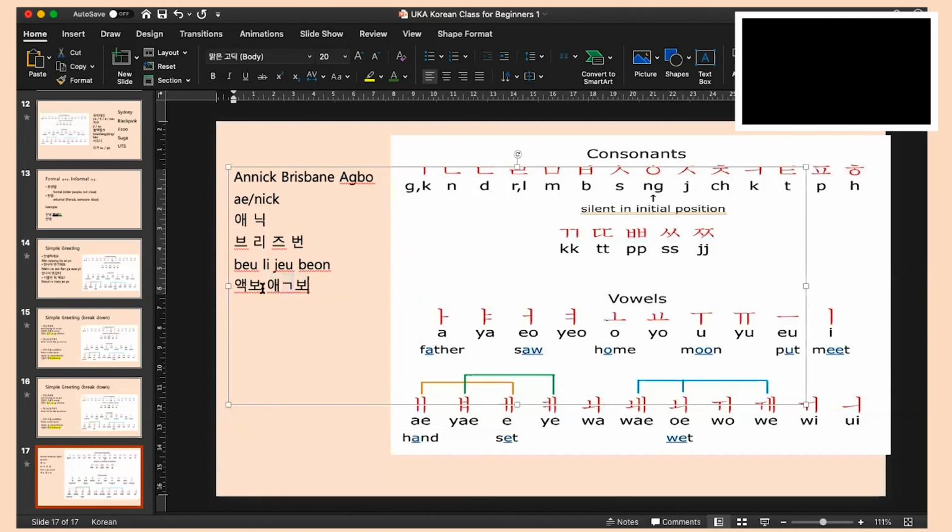Agbo. More like that. Yeah. But this is not a word. It's not a complete word. This is how you pronounce it, but when you write it, you would write it like this. Good. So, yeah. Egg. Or you can write egg. Or.